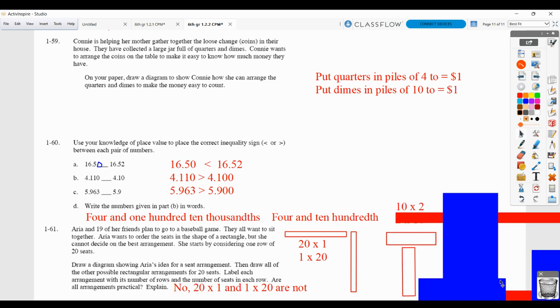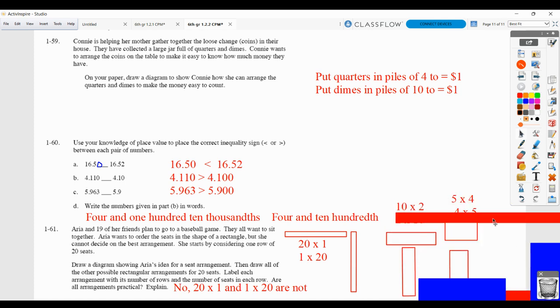The other arrangements that you could have is you could have a 10 by 2, meaning 2 rows of 10, or 2 by 10, where you've got 2 people and then 2 people in front of them, and so on, 10 rows down. And then the other arrangements would be a 5 by 4, 5 in each row and 4 rows, or 4 by 5, where you have 4 in each row and 5 rows.